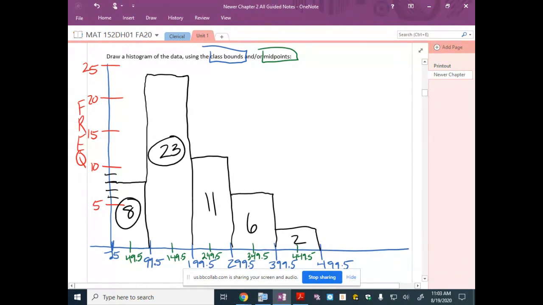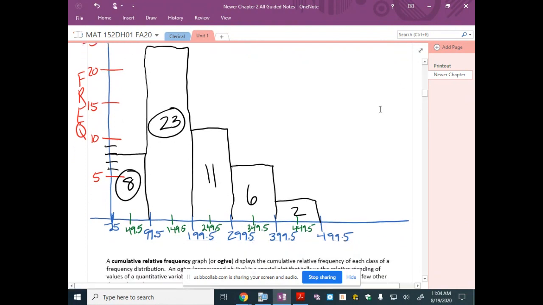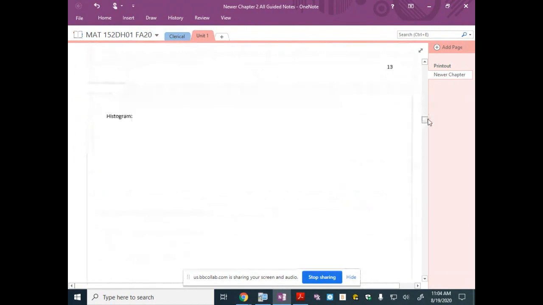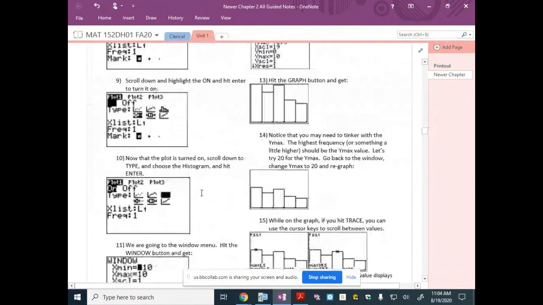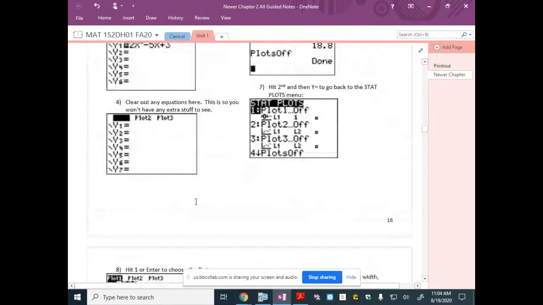Now, I am going to show you how to use the graphing calculator. The calculator instructions on how to do it are on pages 16 and 17.